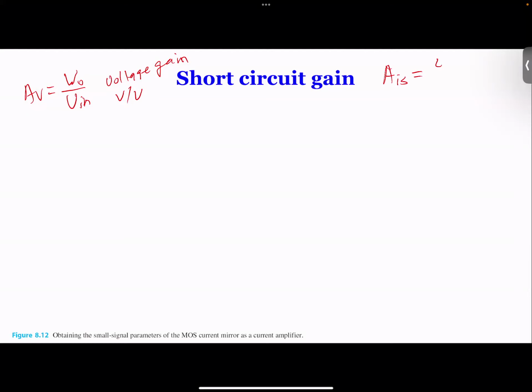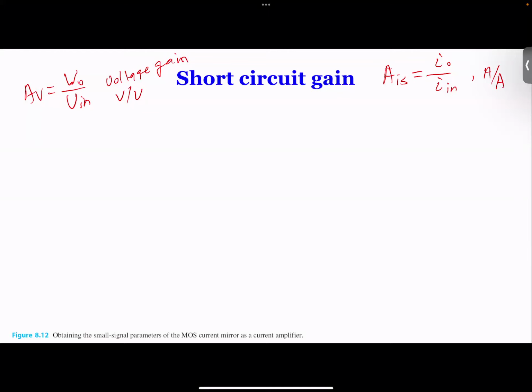It's going to be IO over I in, and it has the unit of ampere or milliampere. You might ask, why would you want a short circuit gain, or when do you want voltage gain versus current gain?